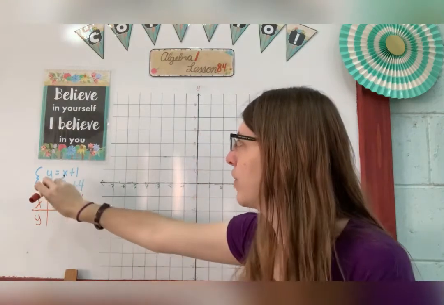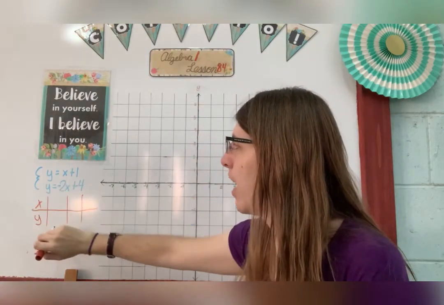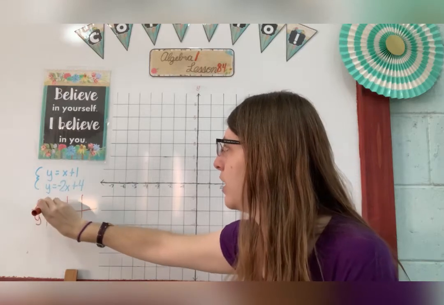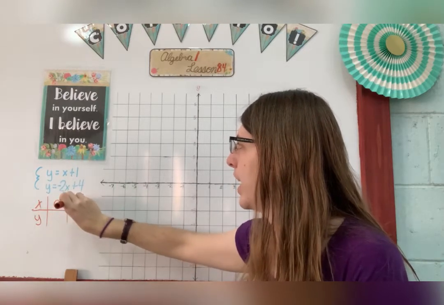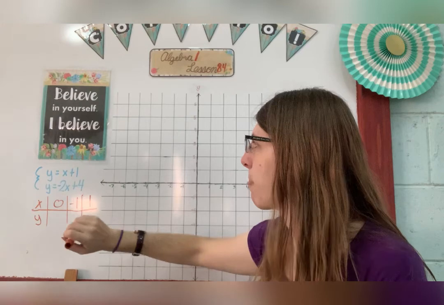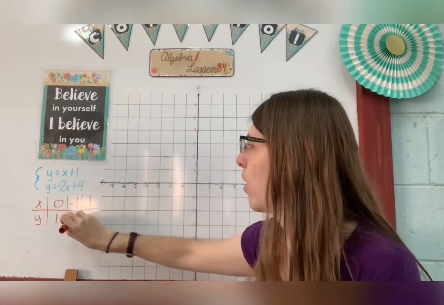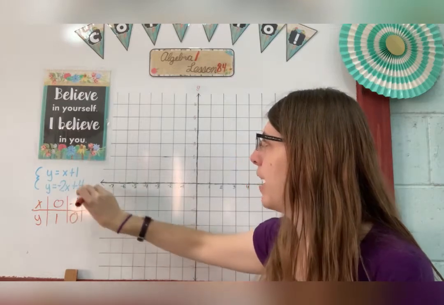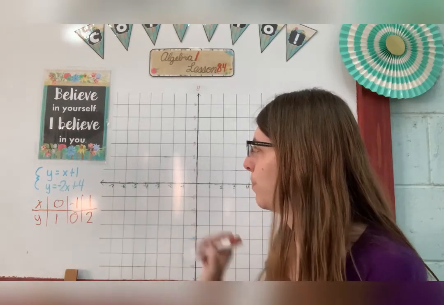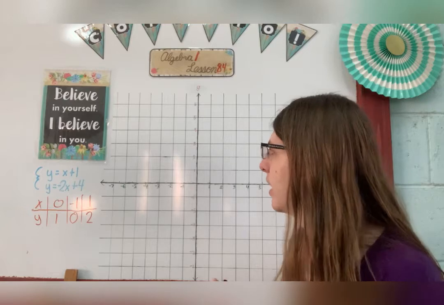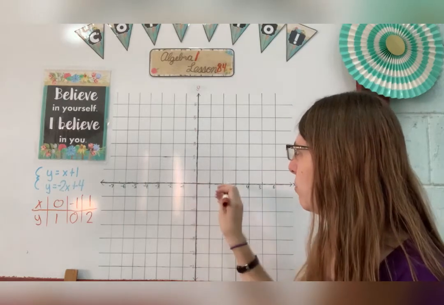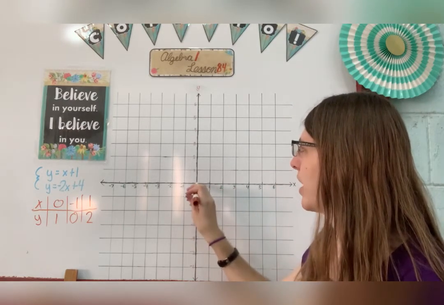All right, so for this one, if y equals x plus 1, if I say that x is 0, we'll do negative 1 and 1. So 0 plus 1 is 1, negative 1 plus 1 is 0, and 1 plus 1 is 2. So now I'll graph those points. X is 0, so I don't move on my x-axis at all, I stay right here.